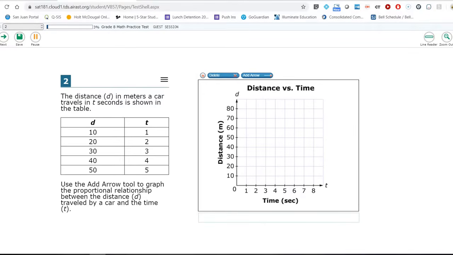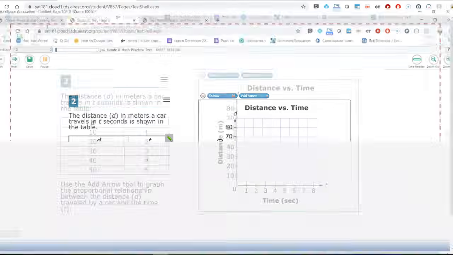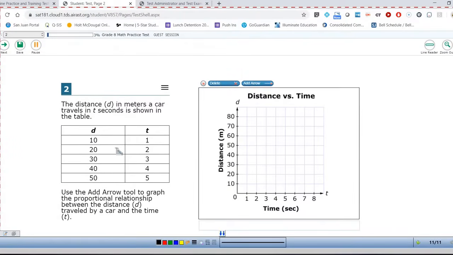All right, so if we were just going to do this by hand, I would just go ahead and say, okay, so the first time is 1, and the distance would be 10. And the second time is 2, and the distance is 20, and then 30.